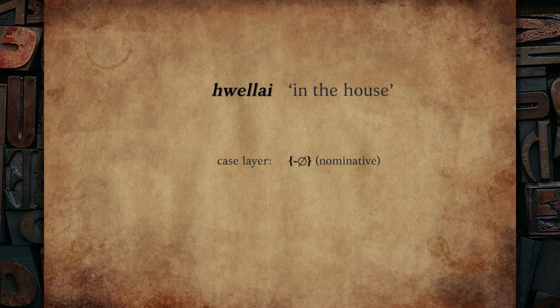It has no suffix, and the proximity layer is empty because we don't have any information about whether it touches the house, because usually if something is in the house, we don't say anything about that, right? And then we have, of course, in the location layer, inside, right? So those 3 combined would mean in the house.